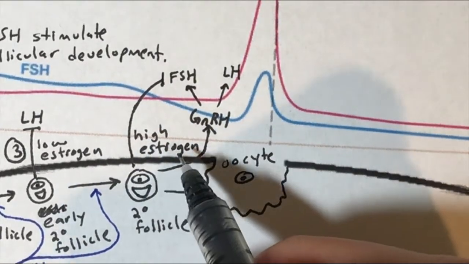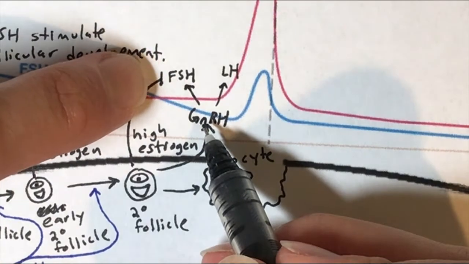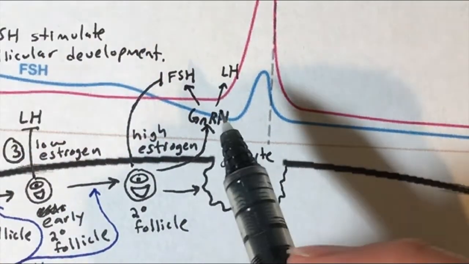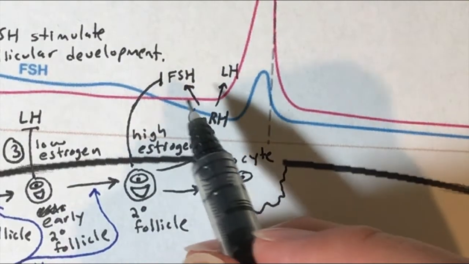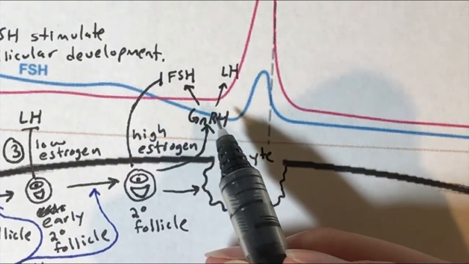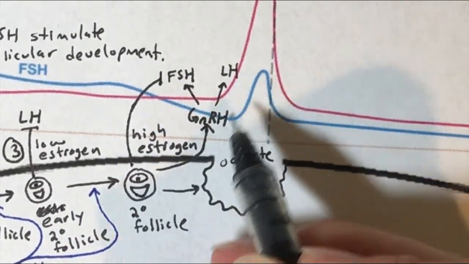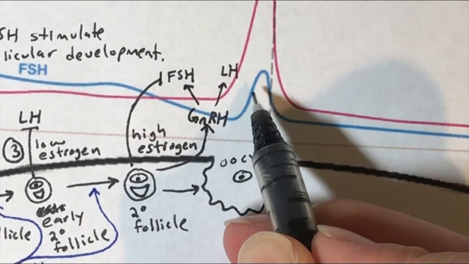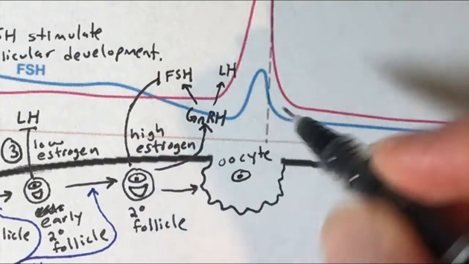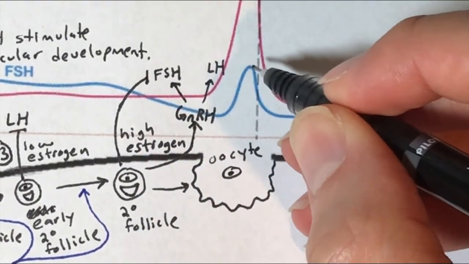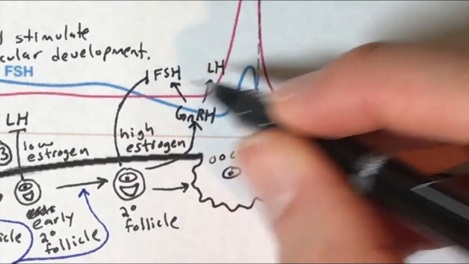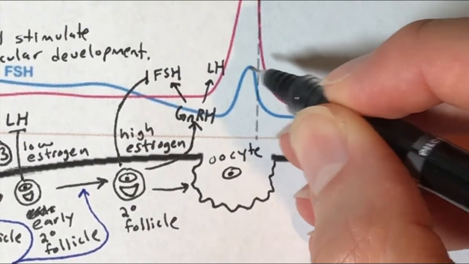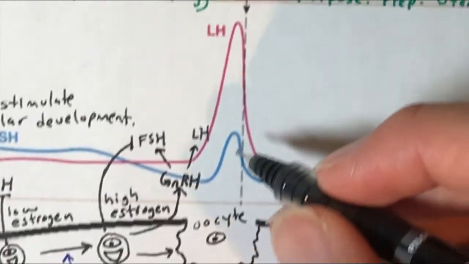So high estrogen actually both inhibits and indirectly stimulates FSH. So what you get as a result is initially it's decreasing, but then it starts to increase as the GnRH starts to be released more from the hypothalamus. But its increase is stunted because it's still being inhibited by that high estrogen. So we have a stunted increase of FSH.